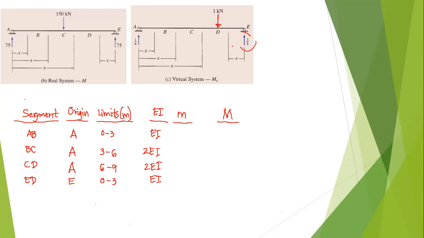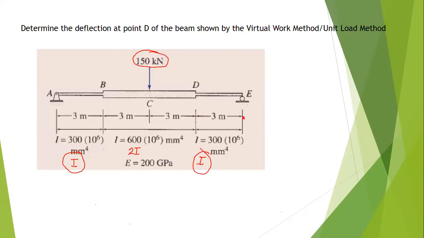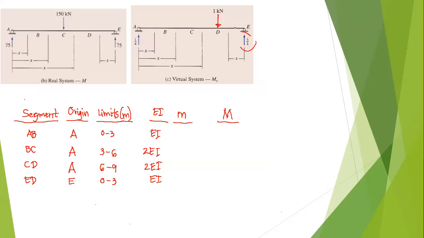The total length is equal to 12 meters, so we have 3 divided by 12, which is simply equal to 1/4. And 1 minus 1/4 is equal to 3/4. So we have these reactions here.